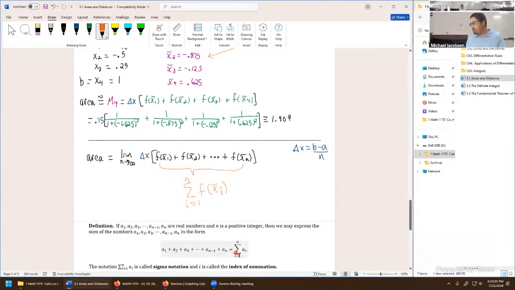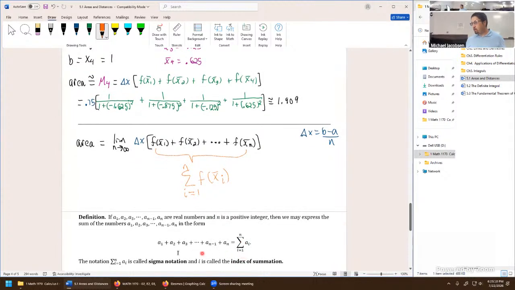So whenever you see it, think of this as just shorthand for adding a1 plus a2 plus a3. The index, which is i, starts at 1 because the term starts at a1, updates to the next integer, 2. You plug 2 in there, and summation here just means add a2. Index updates to 3. It's kind of like a for loop in programming.